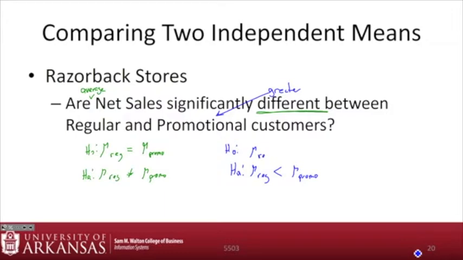So then I would have the regular greater than or equal to promotional. Could I have written this the other way? If I would have put promotional first, then I do greater. So it doesn't matter how I write my null and my alternative hypothesis.